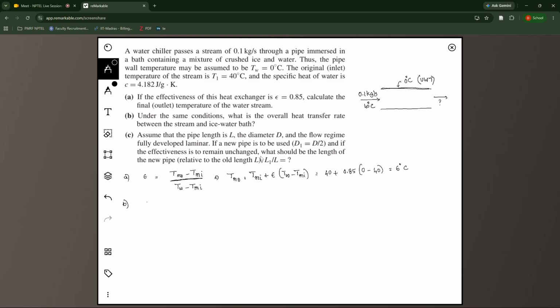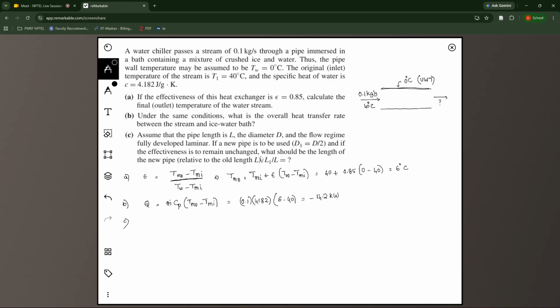So basically the net heat transfer rate is given by m dot Cp times outlet temperature minus inlet temperature. M dot is already given to us. Cp is also given to us. So you have to convert the units. This is joule per gram Kelvin, so you have to convert it to joule per kg Kelvin, times the outlet temperature minus inlet temperature. And the negative sign is basically because this is losing heat to the ambient, to the surroundings. This is a straightforward one.